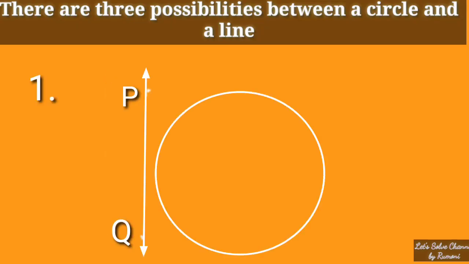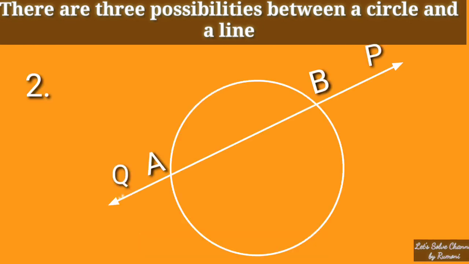There are 3 possibilities between a circle and a line. Number 1, the line PQ and the circle have no common point. So, PQ is called a non-intersecting line with respect to the circle. Number 2, there are 2 common points A and B that the line PQ and the circle have.